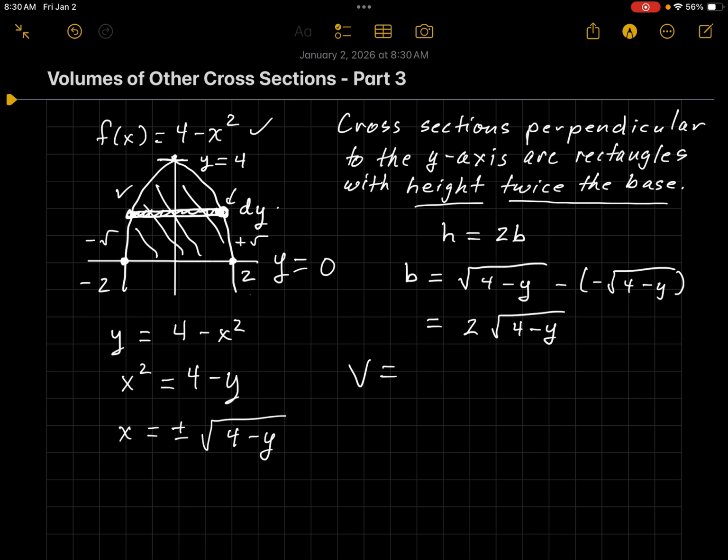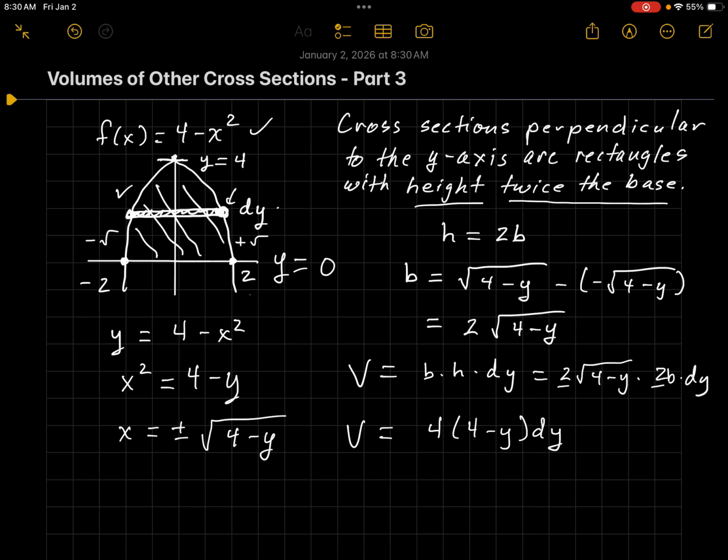So our volume of one of the rectangular cross sections with the width of dy is base times height times dy, or our base times 2 of those bases times dy, which will simplify to 4 times 4 minus y dy. 4 because 2 times 2, and 4 minus y because I have base times base over there.